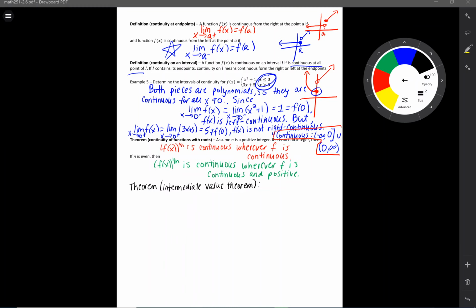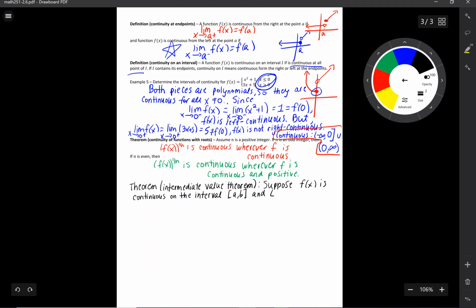Suppose f of x is continuous on the closed interval a to b, and L is a number strictly between f of a and f of b. So it cannot equal f of a or f of b.